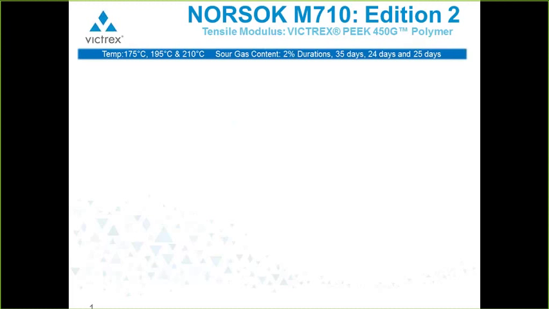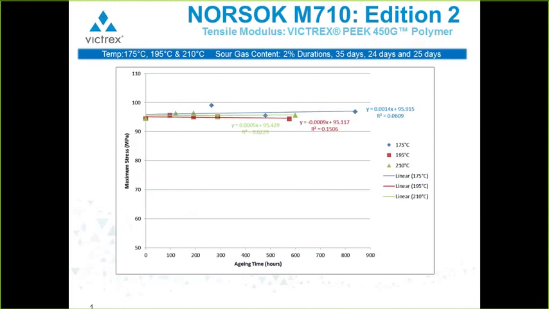That was dictated by the test protocol. And we tested for 35 days at the lower temperature and 25 days at the higher temperature. And here's the data which we generated for these 3 temperatures.